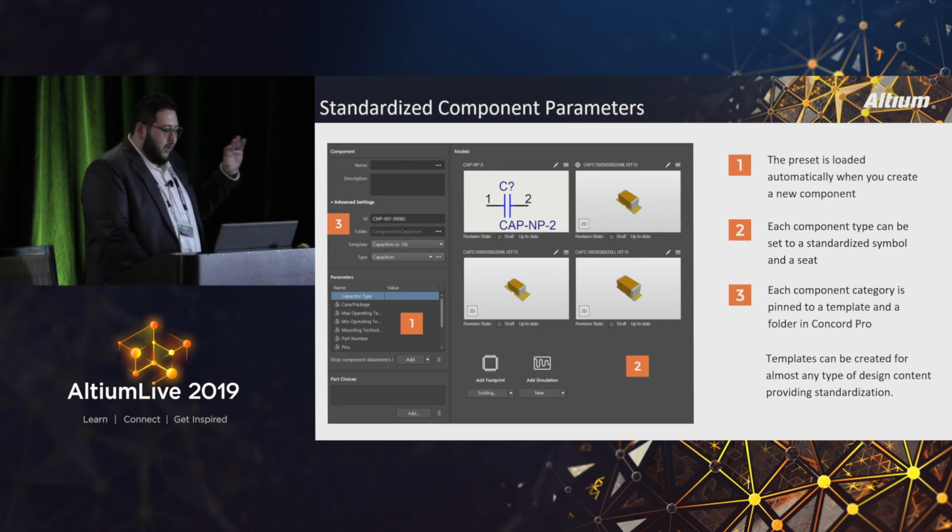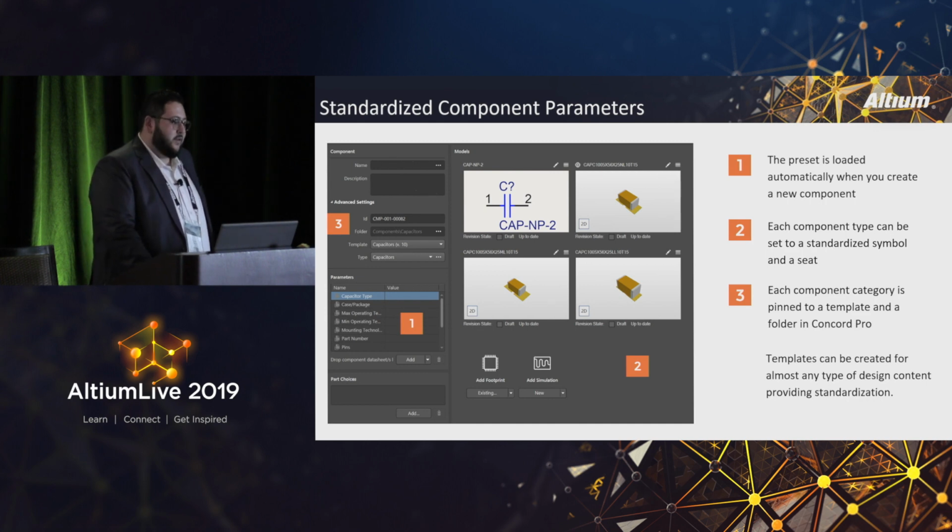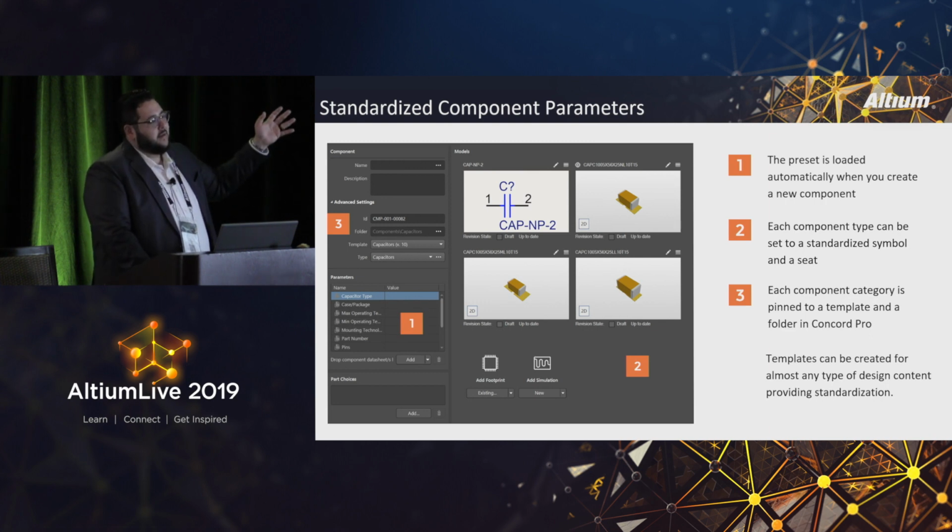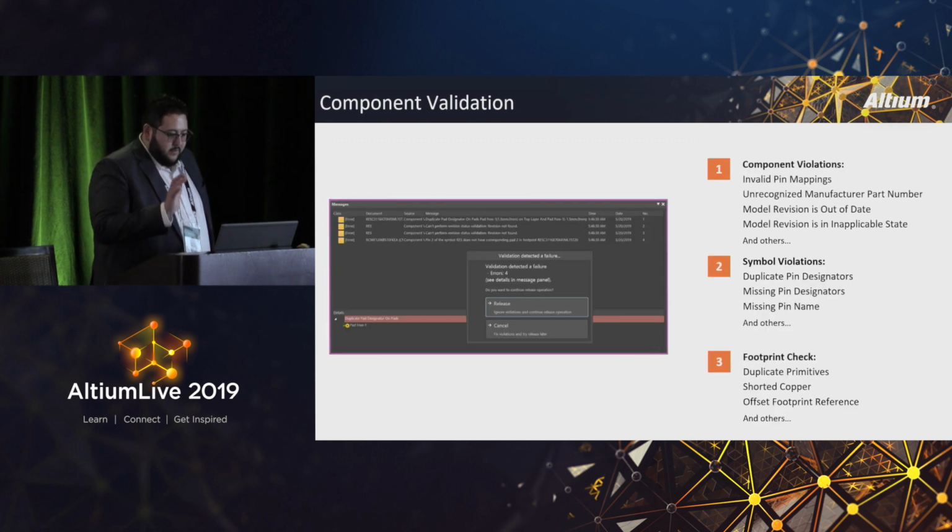So that's all customizable to whatever you would like. So if you want to be super strict, you can do that. We include over 690 components in a sample data set, and I believe it's about 20 different types of component templates on installation. If you want, you could disable it.